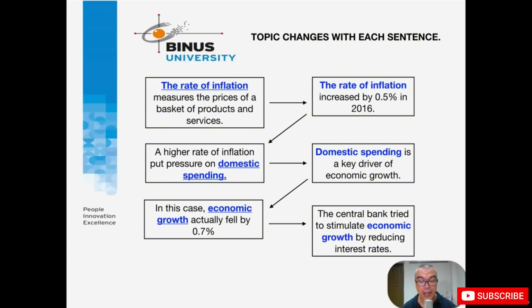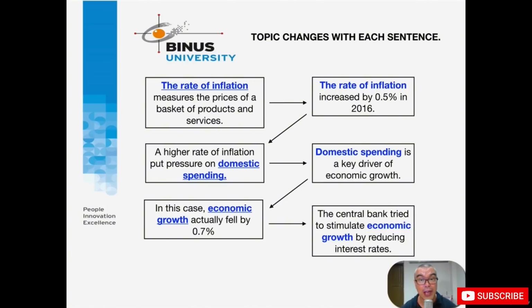And then it goes from domestic spending to economic growth. And then in the final level here, it's on economic growth. So here there are changes. However, still you have the general idea of the paragraph, which is how the rate of inflation has affected the economy. That's one where you actually change the topic from one sentence to the next.